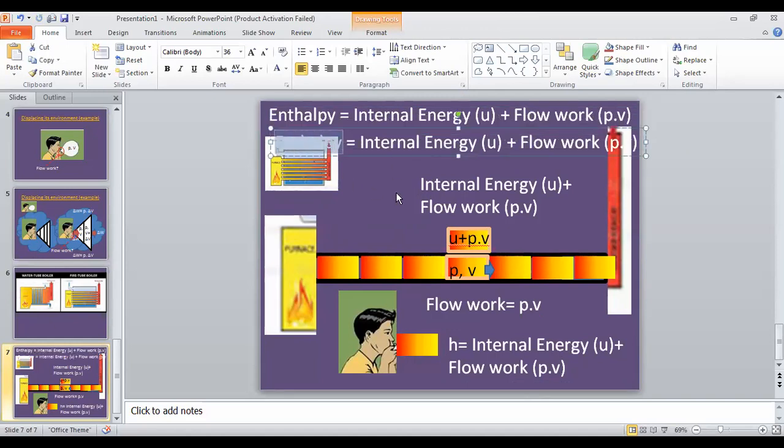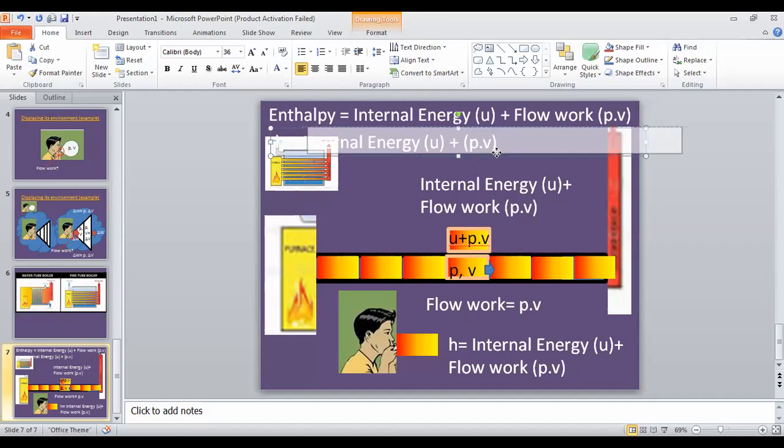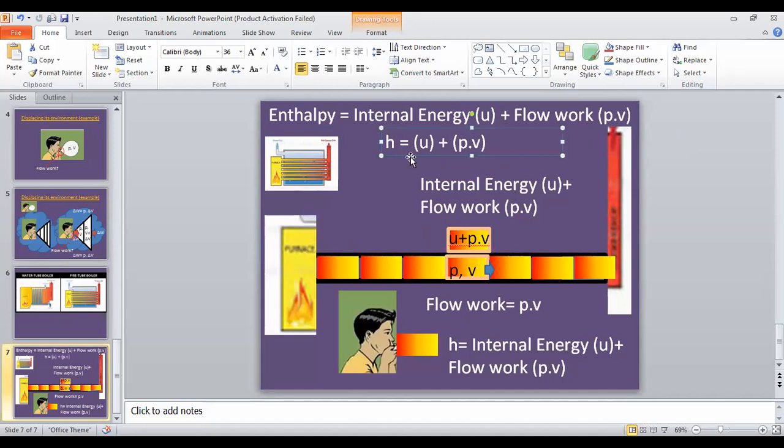So H is U plus PV. PV is here, the internal energy component is here. So H is U plus PV.